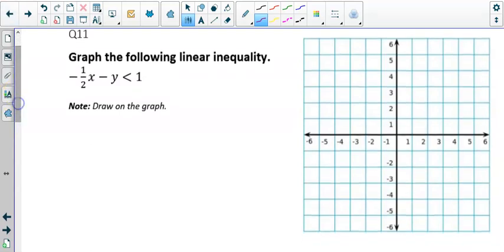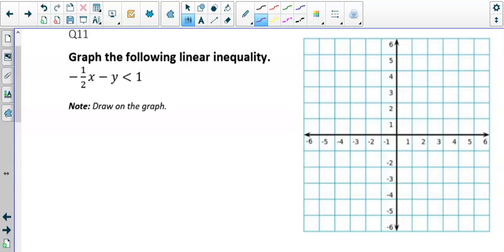So we want to graph this linear inequality. All right. How are we going to do that? Say it again. We are in standard form. X and Y on the same side, that's standard form. That's the form we want. We want Y equals. But that's not called standard form. That's called slope-intercept.